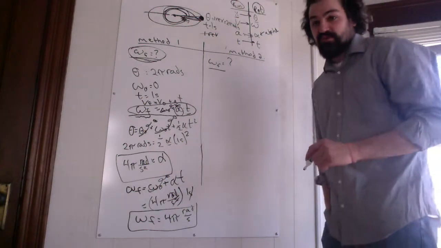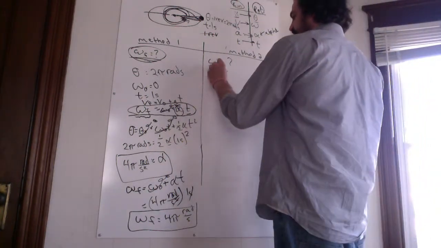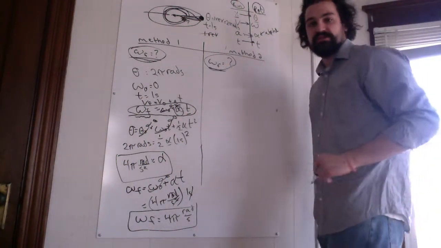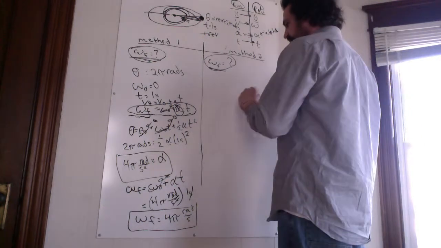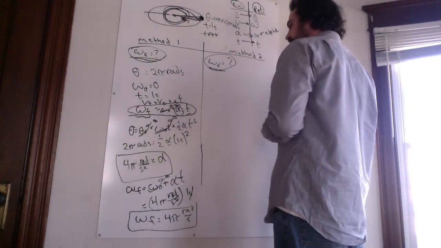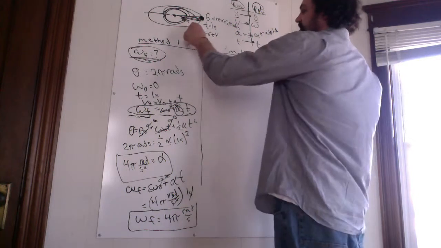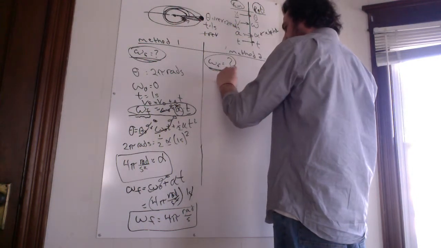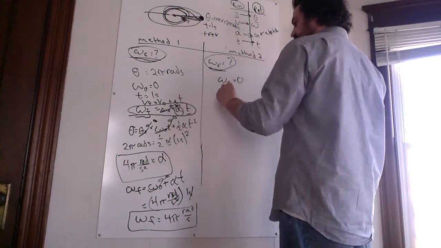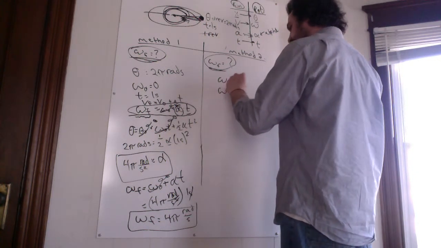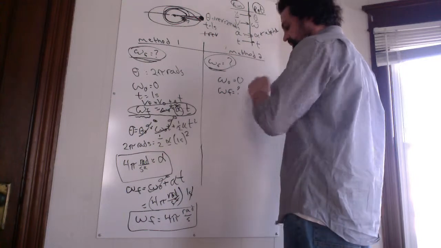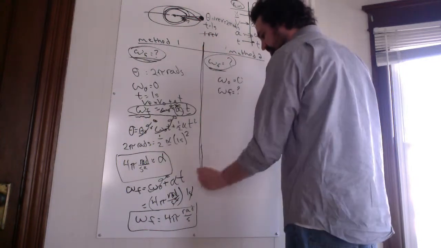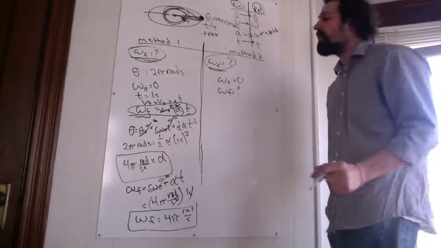Now, method 2 is much easier. So if we're trying to find the final angular velocity, based on the acceleration, he starts from 0, so omega naught is still 0. We want to know the final angular velocity. And let's assume that we haven't done all of this and we don't know acceleration yet.